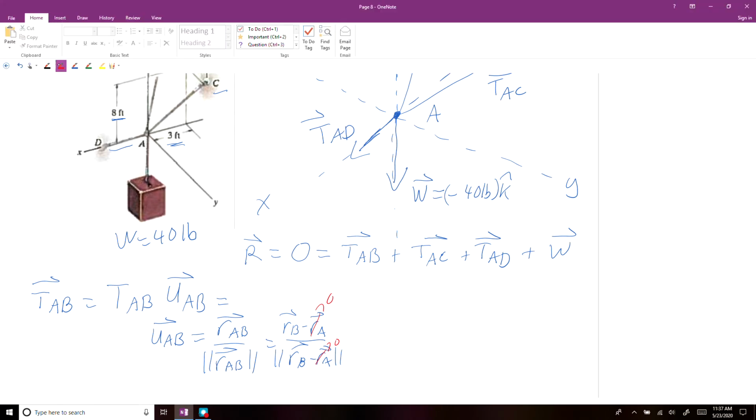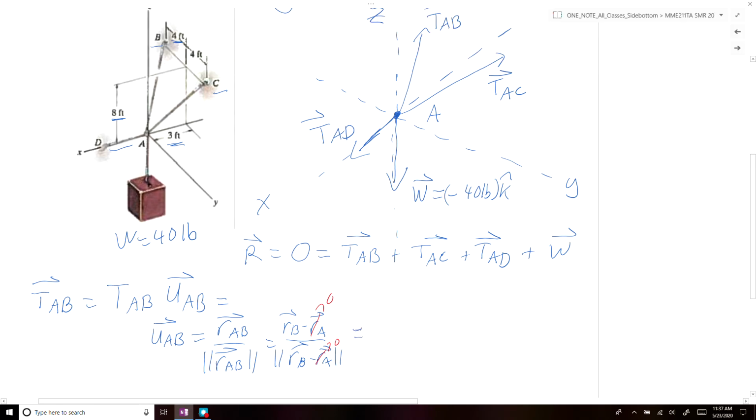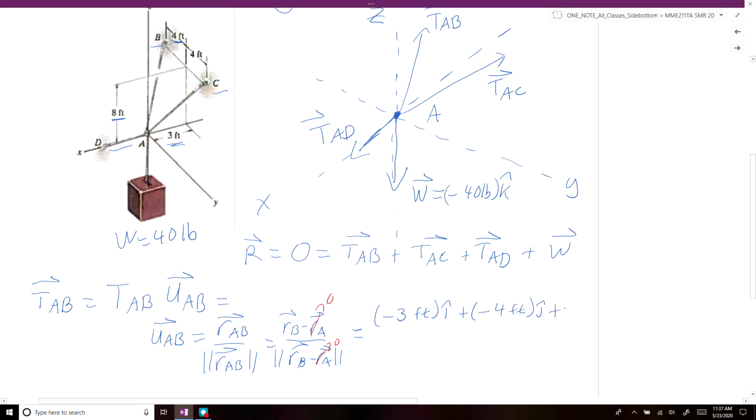So we're just left with RB, which is just the coordinates of point B. Point B is minus 3 feet along the x-axis, minus 4 feet along the y-axis, and a positive 8 feet along the z-axis. If we square all these terms, we'll get 9 feet squared plus 16 feet squared plus 8 feet squared, which is 64 feet squared. If we add these all together, we'll get 25 plus 64, which is the square root of 89.